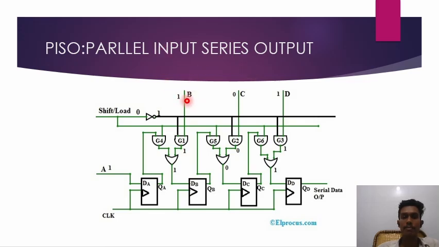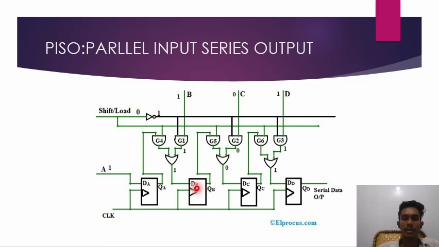B also acts as a parallel input. G4 and G1 are connected to this OR gate, which gives G1 plus G4, and this value is sent to DB, with the output connected in series.